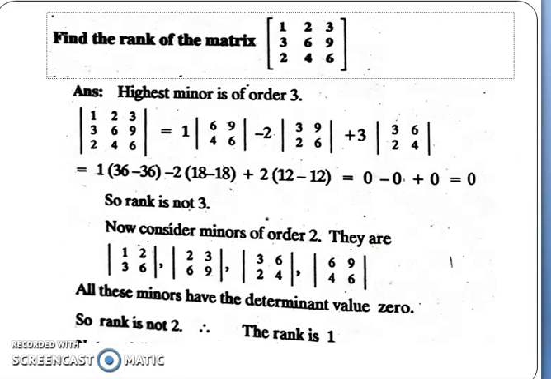So the rank is not 2. If the determinant value is 0, the rank is not that order. So here the minors of order 2 are also 0. Therefore, the only option is that the rank is 1.